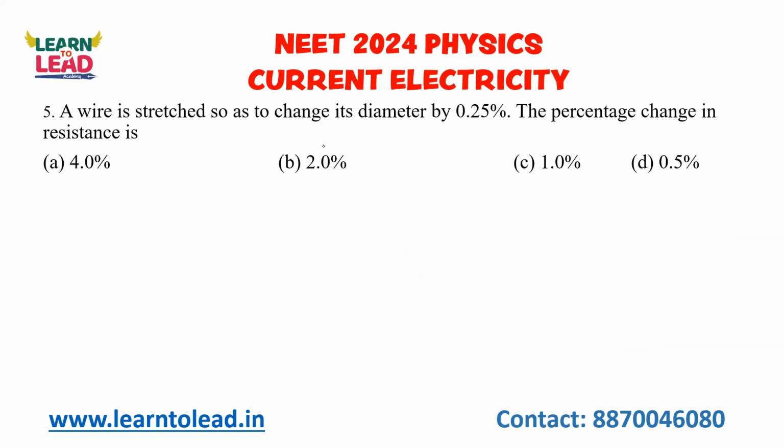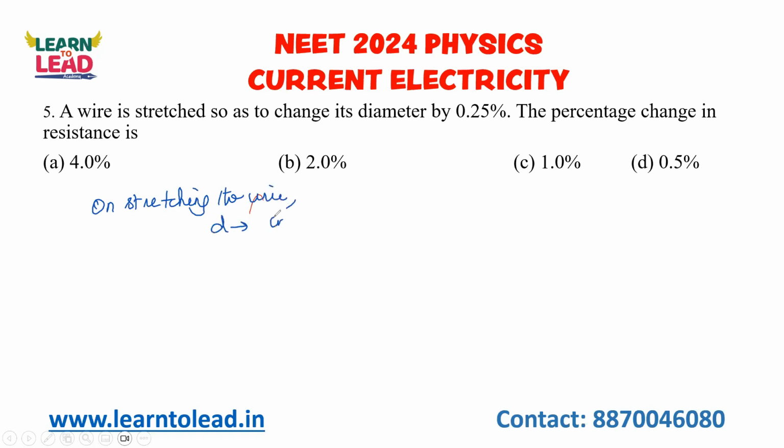A wire is stretched so as to change its diameter by 0.25 percentage. The percentage change in resistance, that is what they are asking. See, you should note that on stretching the wire, if you stretch the wire, the diameter of the wire will reduce, right?